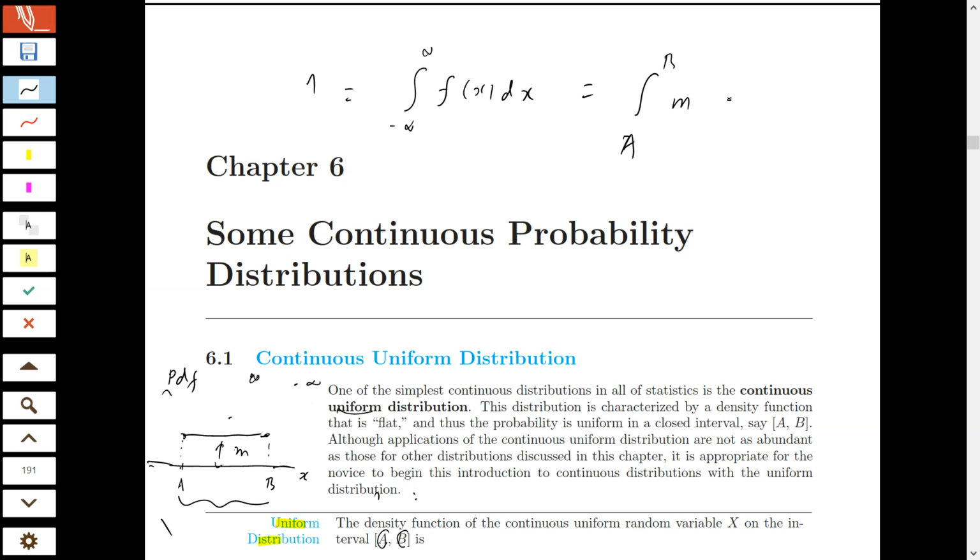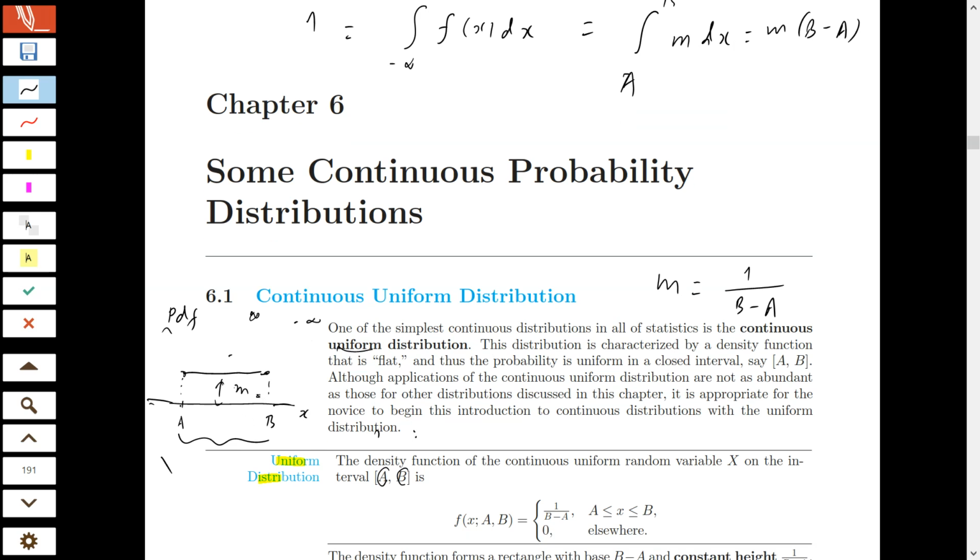So what do I get here? m times b minus a, which equals one. So what is the value of m now? 1 over b minus a. That's the only acceptable value.